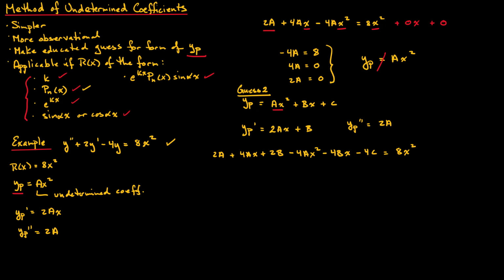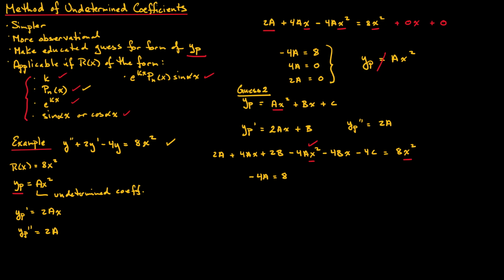And again, we're going to equate like terms on the left and right-hand side. We see that we have x squared and x squared, so we are going to say that minus 4a is equal to 8. So we've taken care of this term here. Now we can look at the x terms.